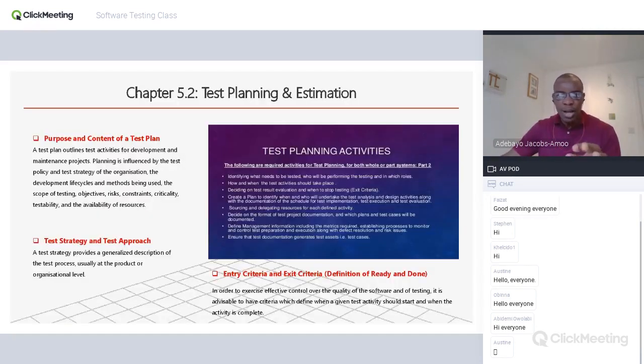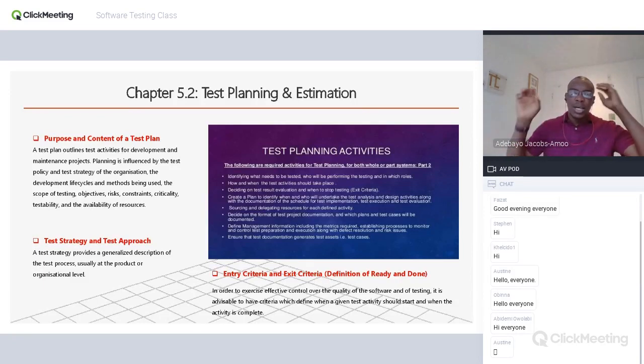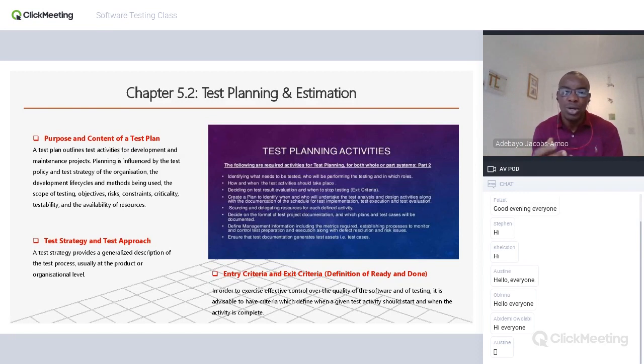Okay. Now, as a tester who does the planning, right? I'm going to run through most of this because this is what a test manager does. But there will be questions about this if you're proceeding to the certification exam. So you still need to know it. Now, a test plan basically is a document that outlines test activities for each phase and for each level of testing.